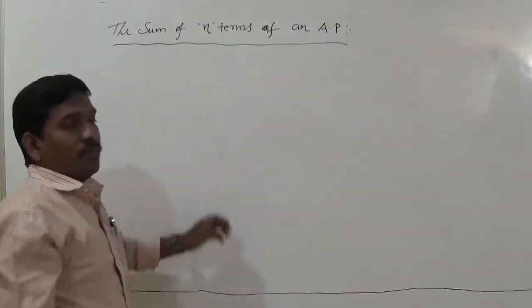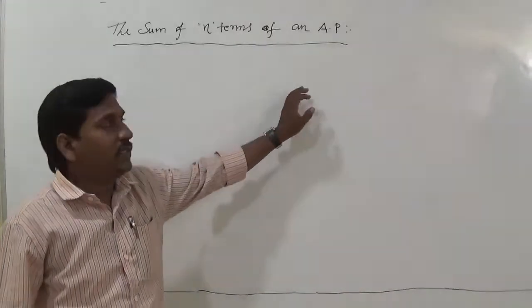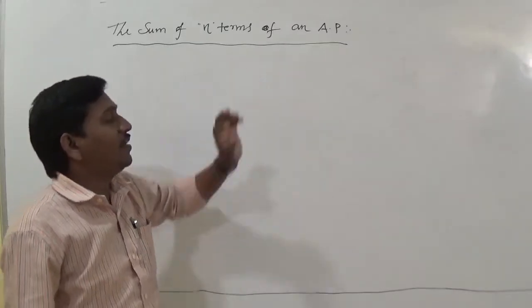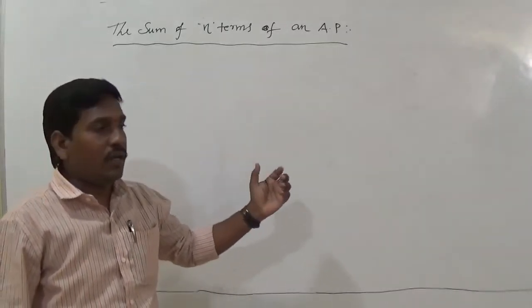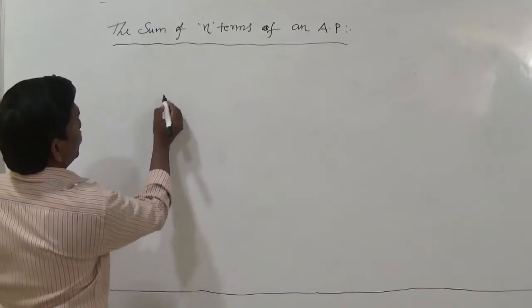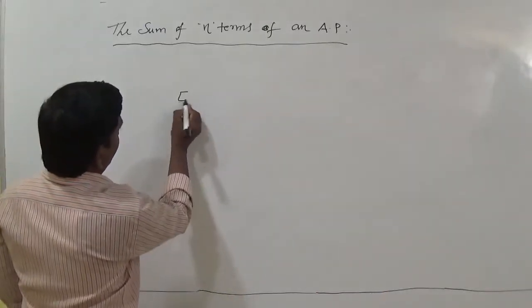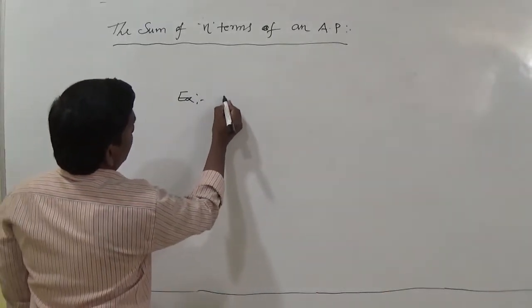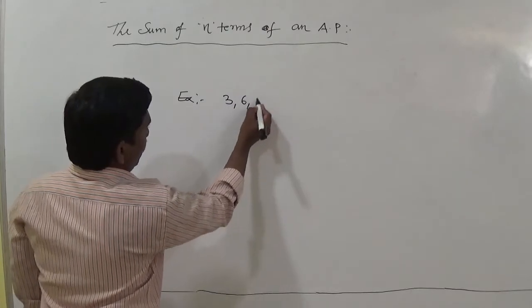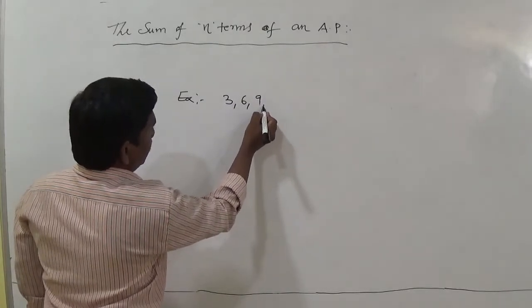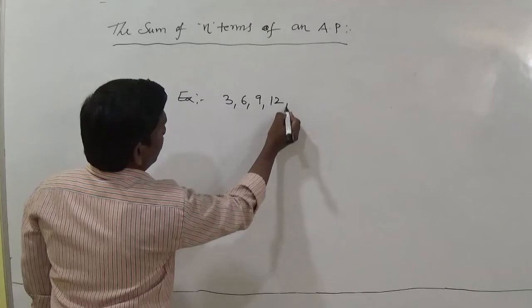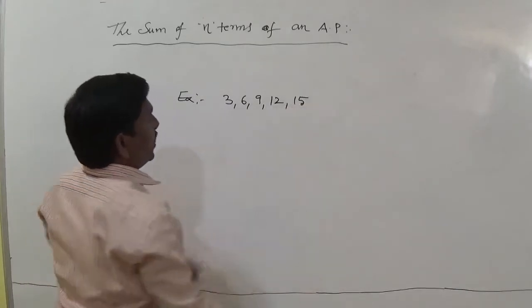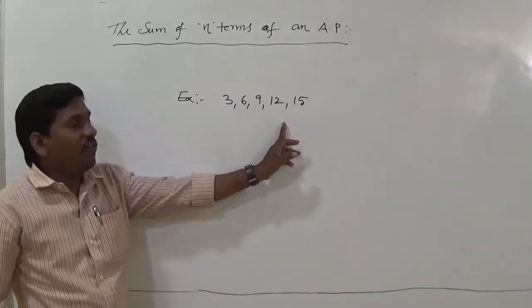Before going to learn the sum of n terms of an AP, let us discuss a small example. For example, 3, 6, 9, 12, 15. There are 5 terms.